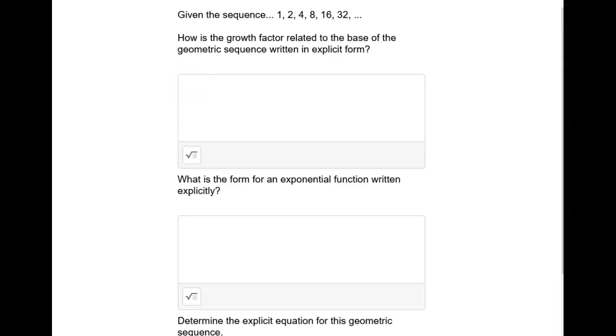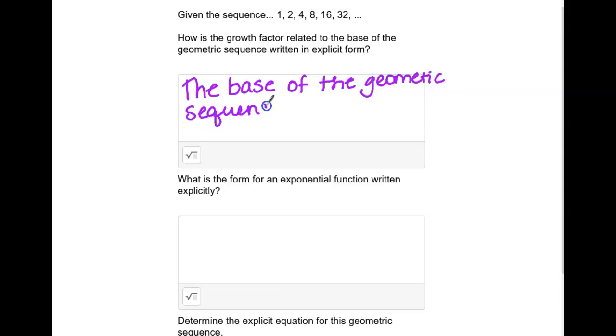The base of the geometric sequence is the growth factor. So if you can find the growth factor, then you've already found the base of the sequence, and that's probably the hard part.